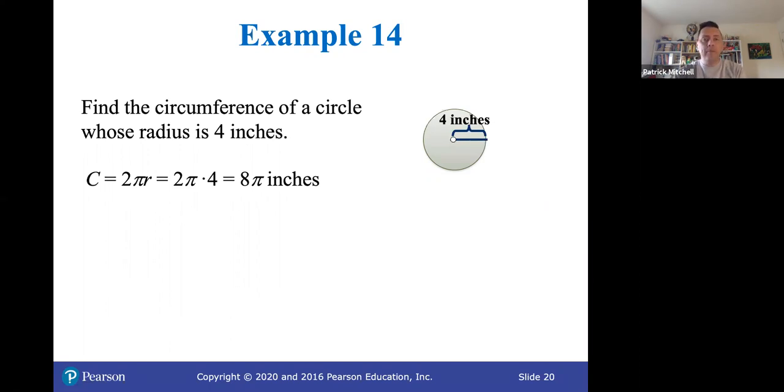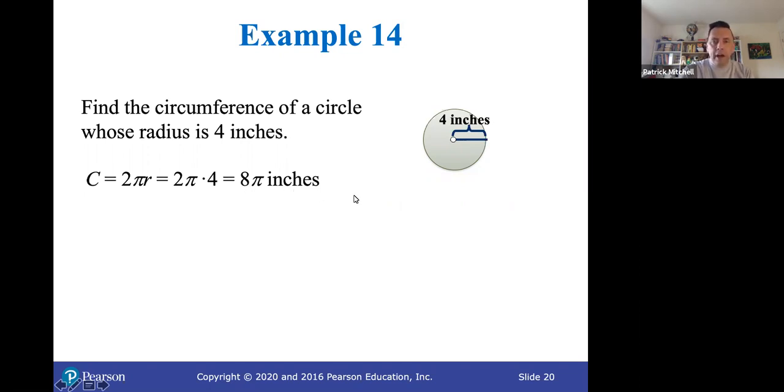Now, oftentimes when pi is involved, they will ask you for an exact answer. If they asked for the exact circumference, you would just write it as 8 pi inches. May not look like it's finished, but it is. 8 pi is a perfectly good number.